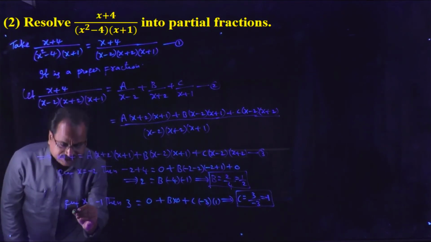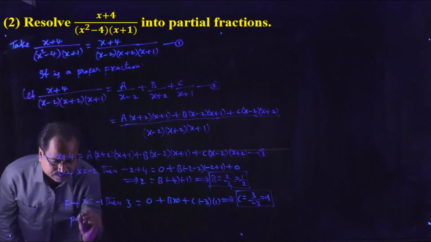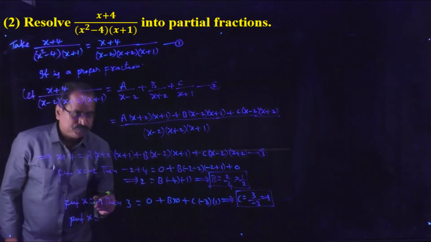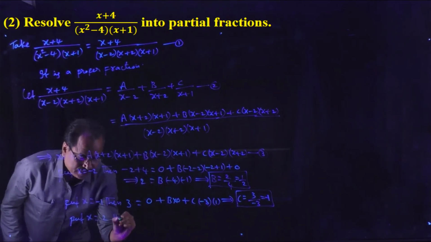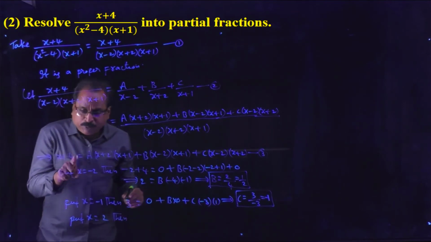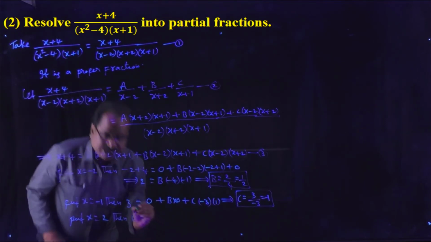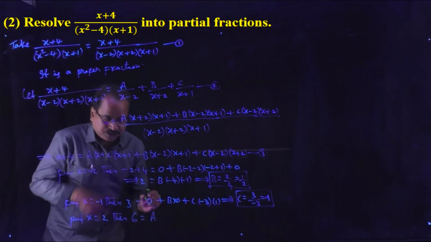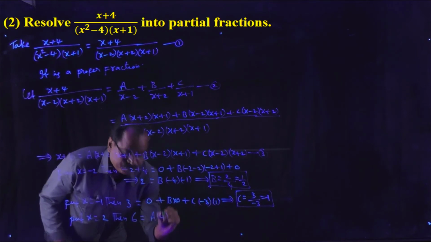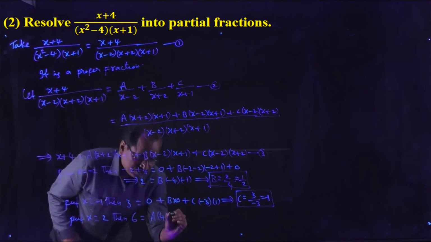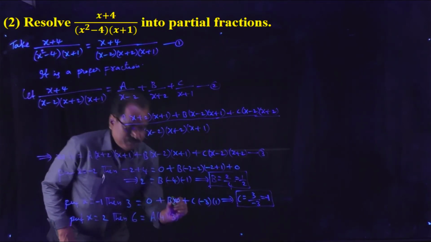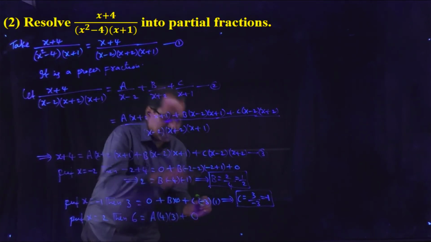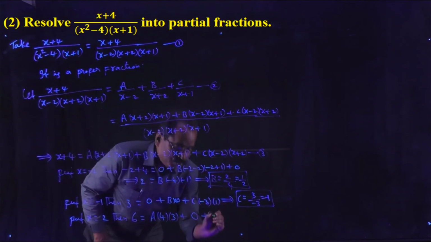Next, put x is equal to 2. Then 2 plus 4, that is equal to 6, is equal to a into (2 plus 2), 4, into (2 plus 1), 3, plus, the other terms become 0.